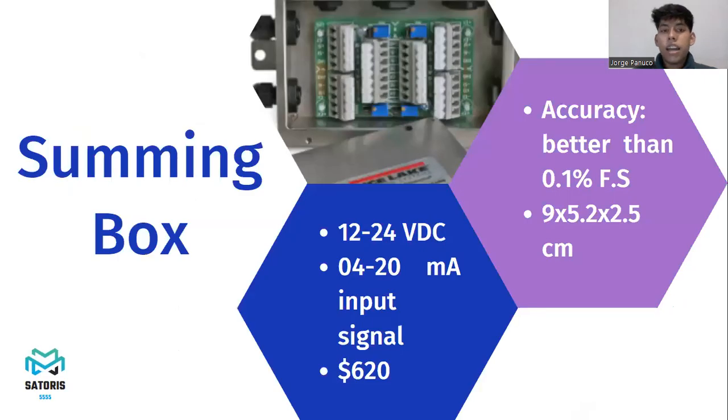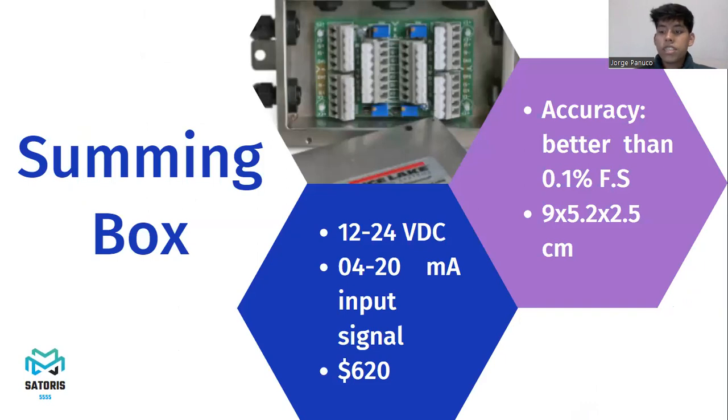And to finish, we have the summing box that is very important in our project. This is used to add or unify forces when there are different scalar measurement points. For example, we're going to be using this one for the load sensors.